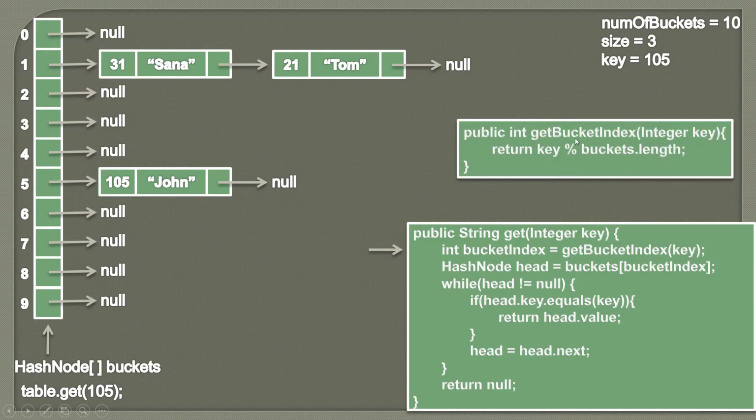When we call get bucket index, passing in the key, it simply takes the key, divides it by buckets.length, or the number of buckets, and whatever is the remainder, it returns us back that index. Here we can use any hash function, and I have used this modular hash function, which takes the mod of key and buckets.length and returns us back the remainder.